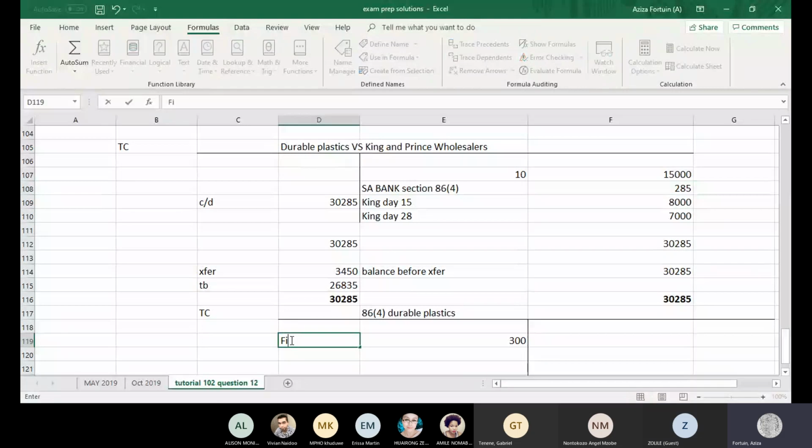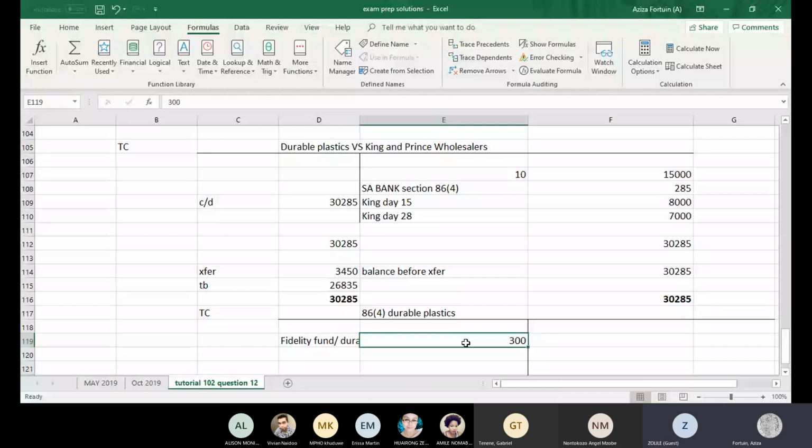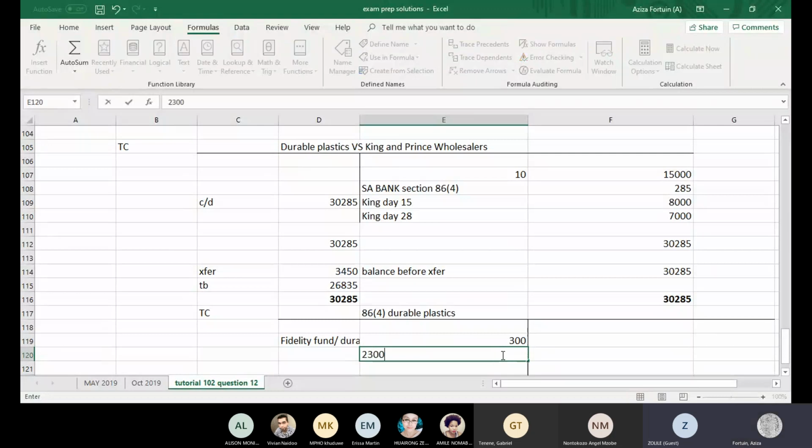The Fidelity Fund. Any other amount? The 23,000.